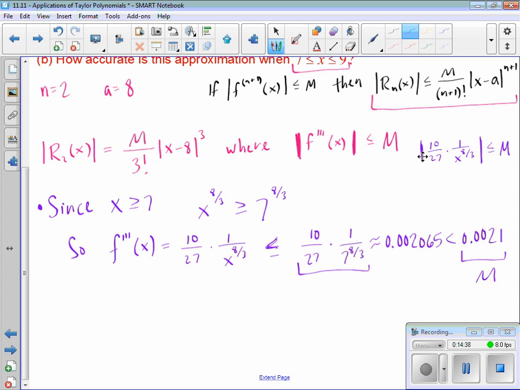Because isn't it, yeah, or it could be like 0.00207 you could put, you see what I mean? Okay, it just depends how accurate you want it to be. Don't get carried away going ridiculously far, okay? But once you get that number, you just pick a number that's a little bit larger. Well, your m is the one that's bigger than what this is here, right? So we know that because of what we have here, my m has got to be something that's a little bit larger than this.